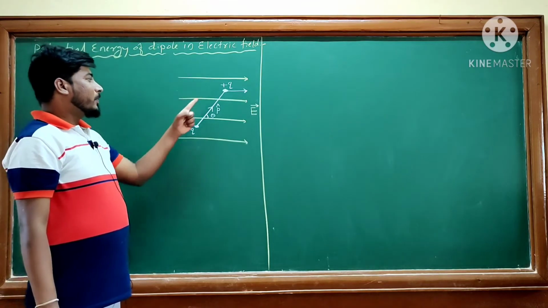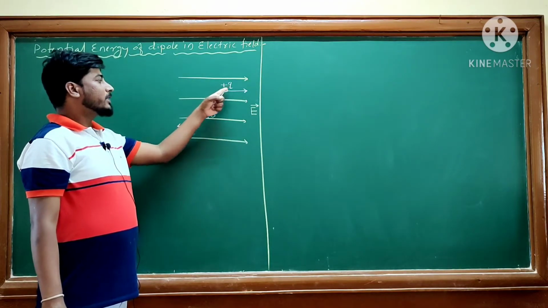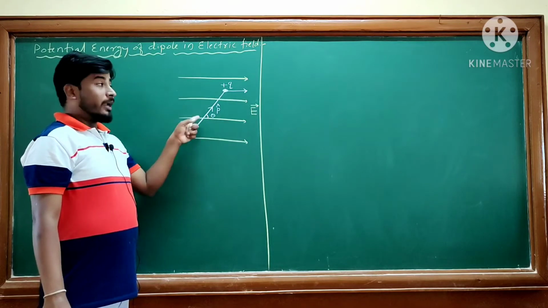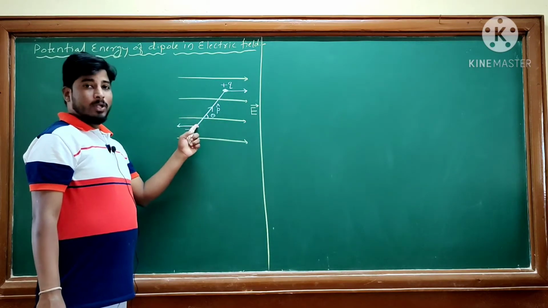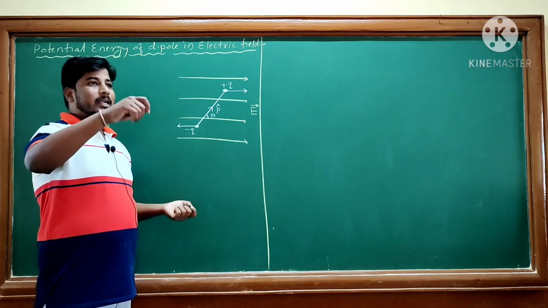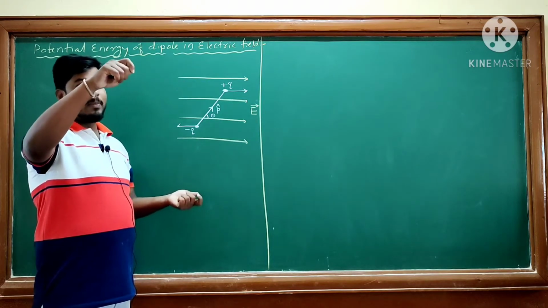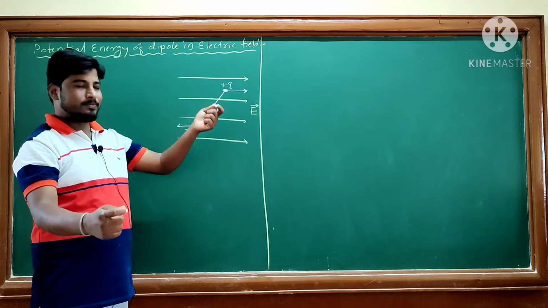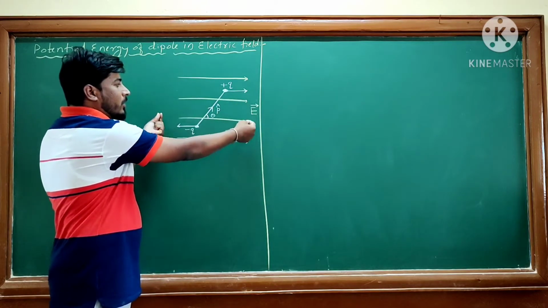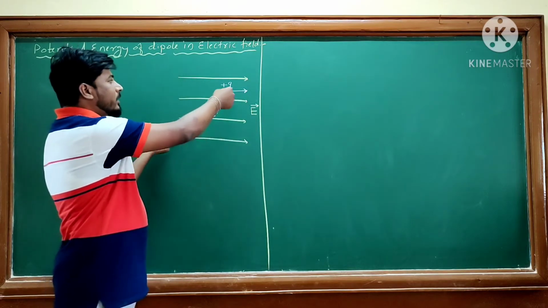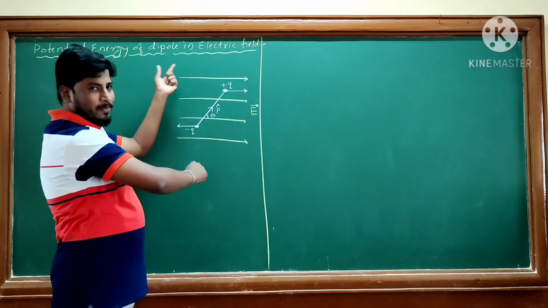So, because of the opposite nature of the charges, the net force acting on this dipole is 0. It will tend to rotate the dipole. It is in rotatory motion.